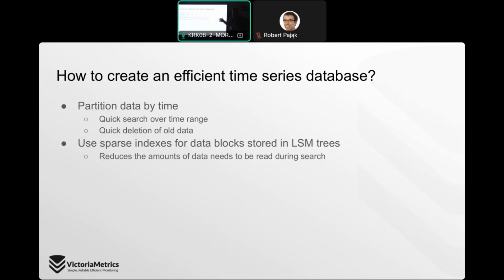Some of these data blocks may miss the data you search because of the sparse indexes. But they are good because they reduce the amount of data which needs to be read during searches, especially if you store terabytes or petabytes of data. And it improves query performance because of this.